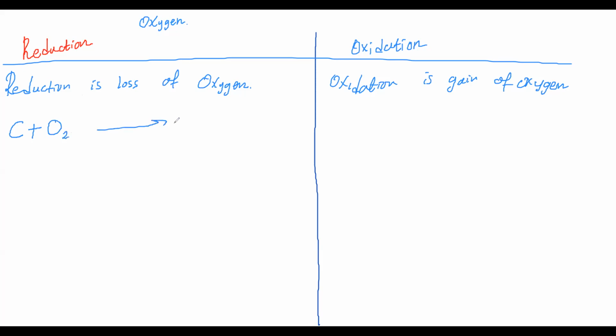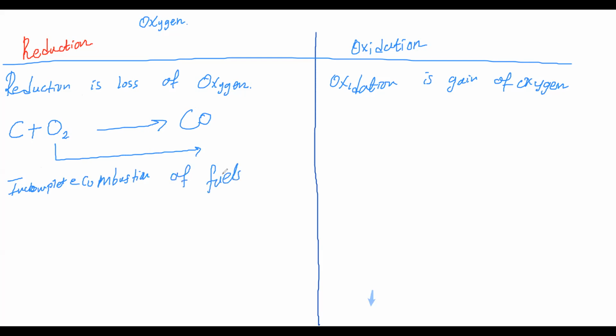Carbon, oxygen to carbon monoxide. So this is incomplete combustion of fuels. It's called what? Incomplete combustion or incomplete burning of fuels.